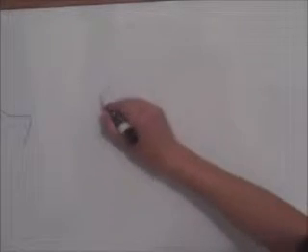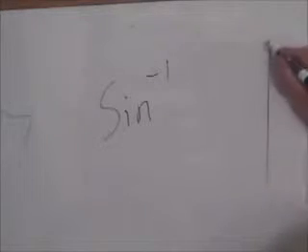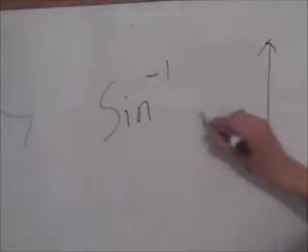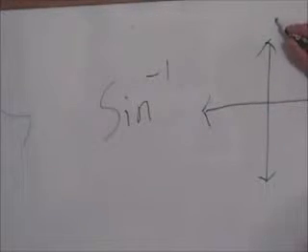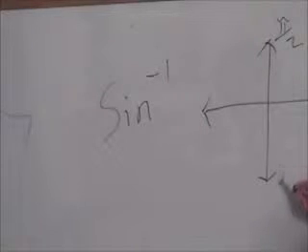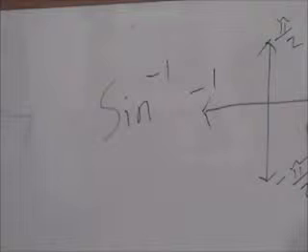So for example, arc sine, that is inverse sine, has to be within the boundaries of pi over 2, negative pi over 2, 1, and negative 1, because 1 and negative 1 would be the range of the sine function, and now they're the domain of arc sine.